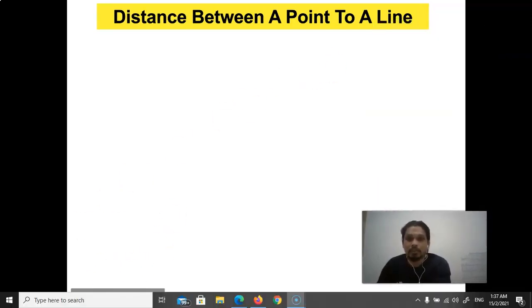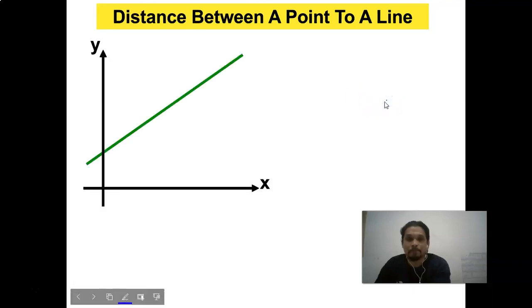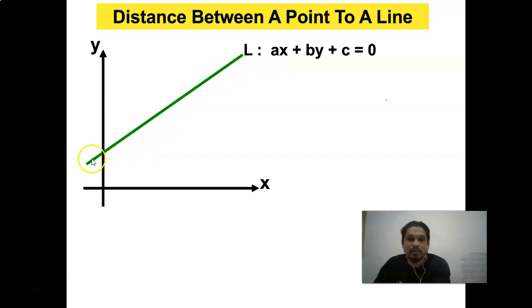Now, distance between a point to a line. Just imagine that this is a straight line L in the form of ax plus by plus c equal to 0. Then we have a point P, h and k here. We find the nearest distance between the point and the straight line.